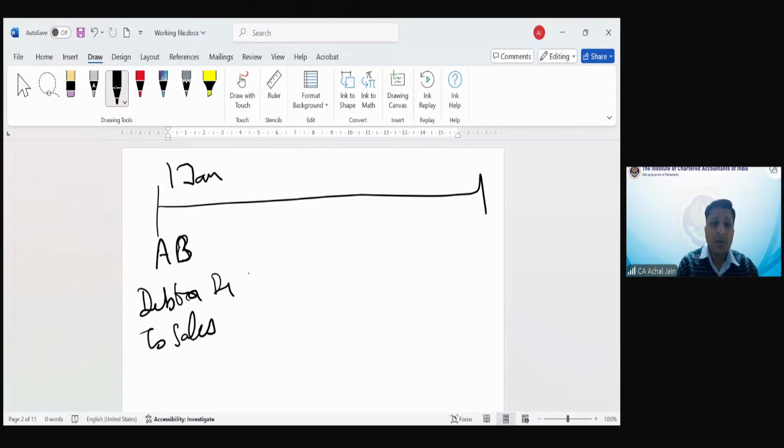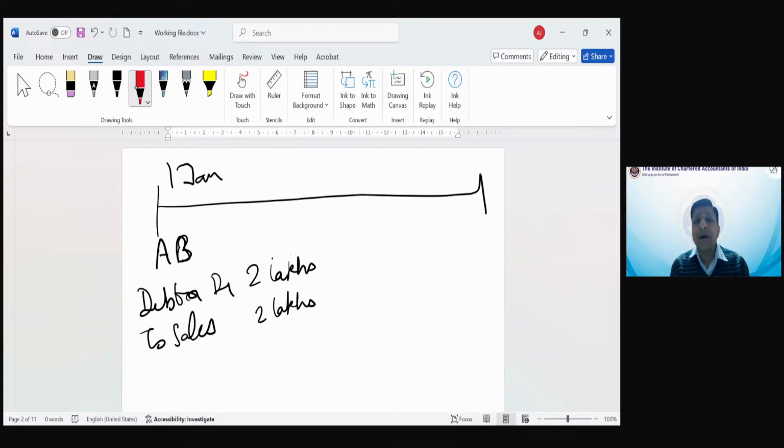What is the amount? 2 lakhs. Now, after 1st of January, the financial position of the buyer has deteriorated, so we understand the buyer has gone into liquidation on 15th of March.